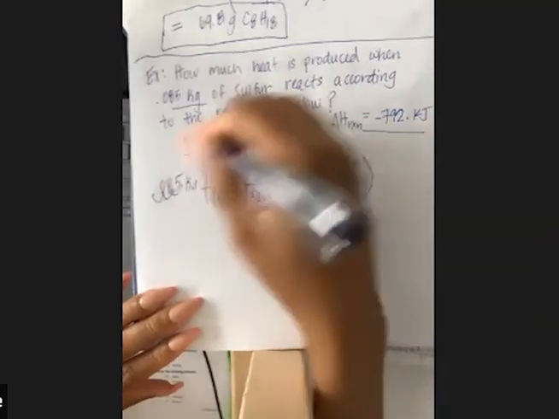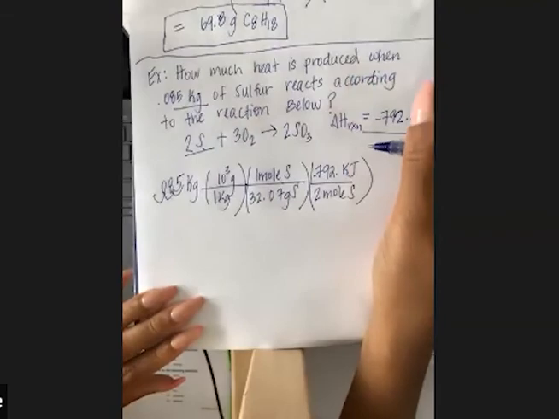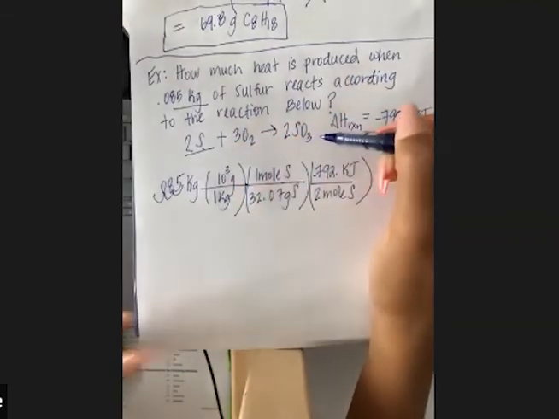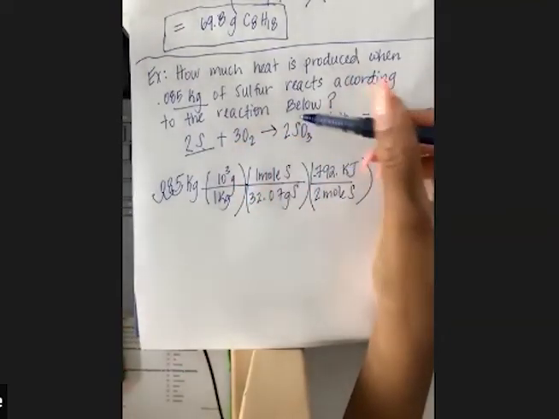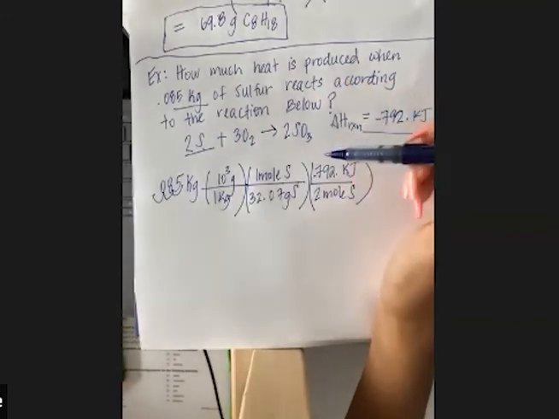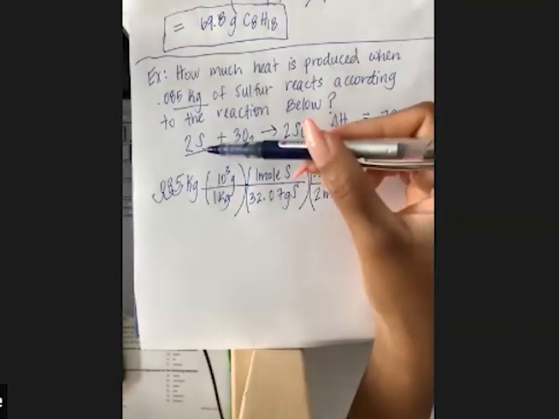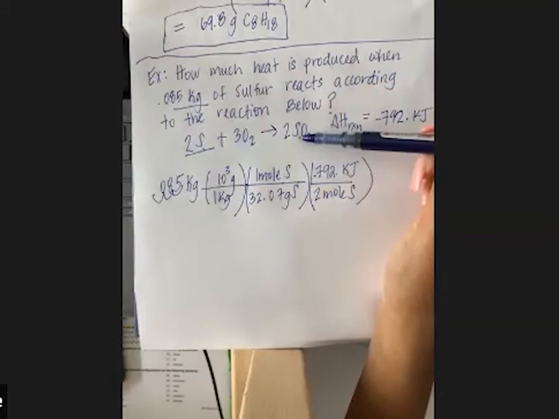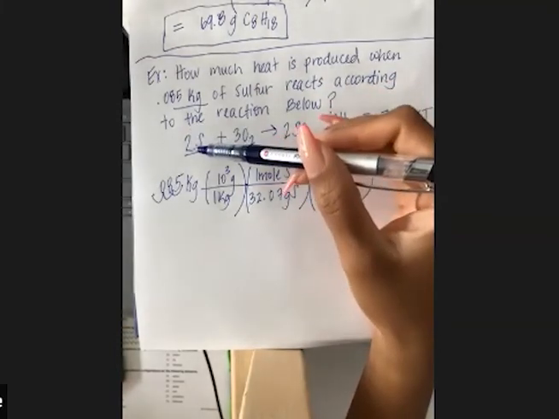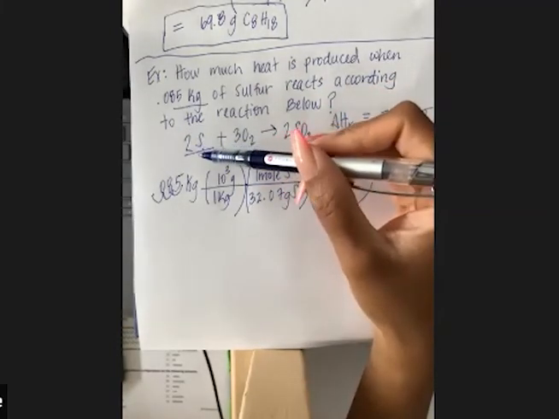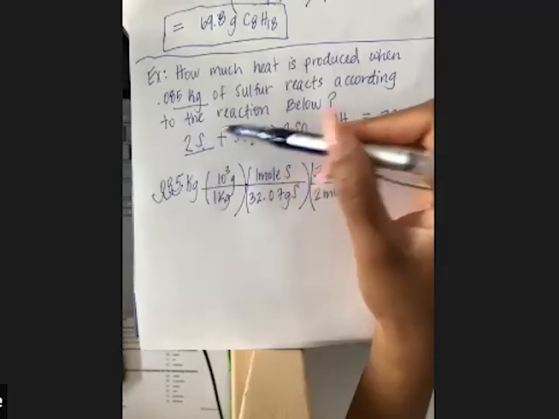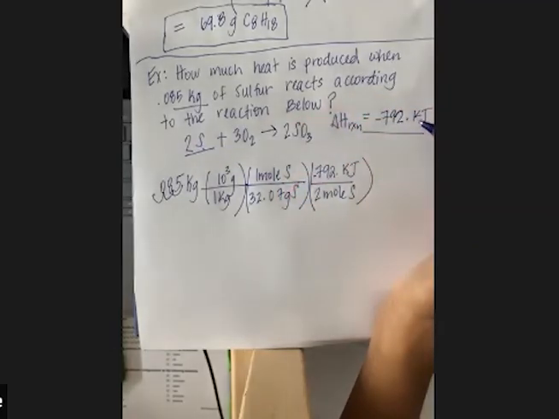So you don't have to do that 2 to 2, although you still get the same answer just because you're multiplying it times 1 essentially. But let's say this number wasn't 2, you'd get a different answer. So just remember, you don't even have to figure out the product in this case. It's saying once this 2 moles of sulfur react completely, it's going to give off this much heat.